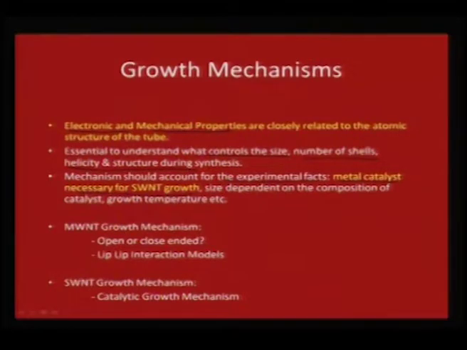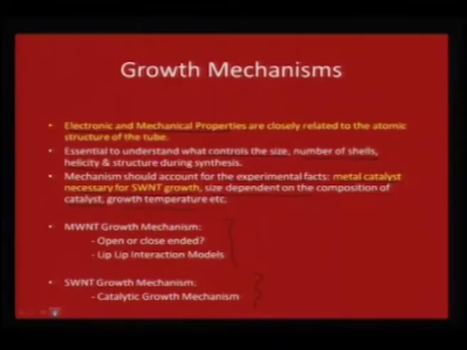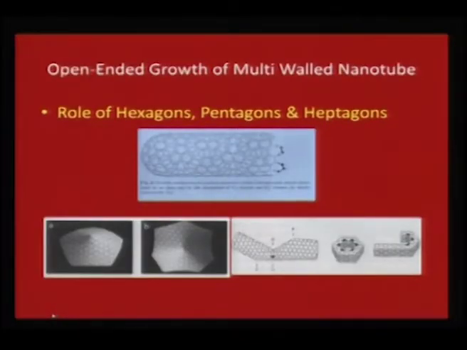Therefore, that is very important for the synthesis of nanotubes, and the size dependency comes with the nature of the catalyst and the growth temperature, etc. Now, regarding the mechanism of single wall or multi-wall growth, there are different models proposed to understand it, because this happens in a very transient way. Therefore, one does not really know by what mode multi-walls propagate or single walls propagate, but there is some fair idea about how the whole thing happens.